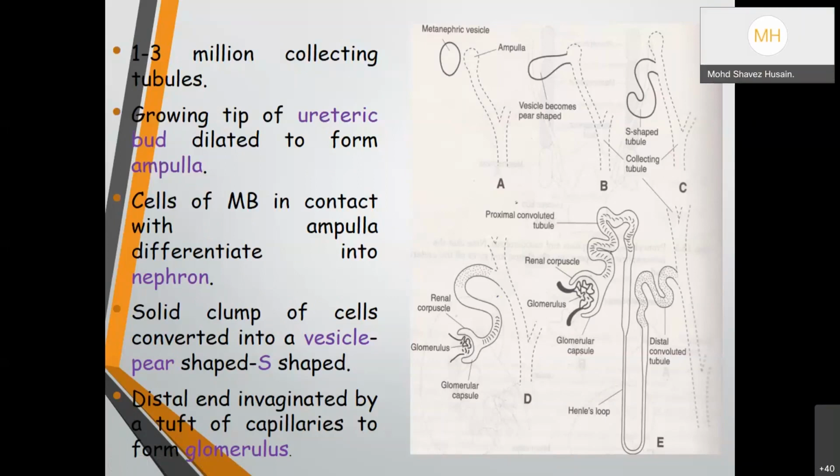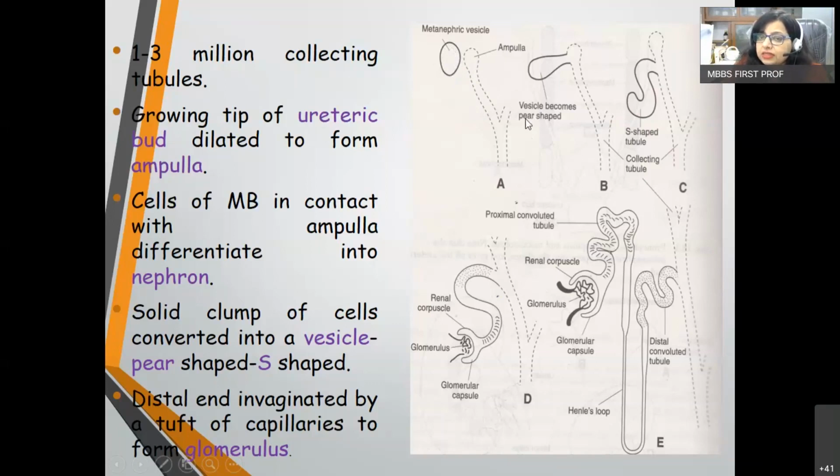Very good. Now, this nephron is basically formed from metanephric blastema. It is this metanephric blastema which comes in contact with the ampulla of the ureteric bud. This is the ureteric bud, and when it comes in contact, it undergoes differentiation. This differentiation is in such a manner that initially this vesicle becomes pear-shaped.